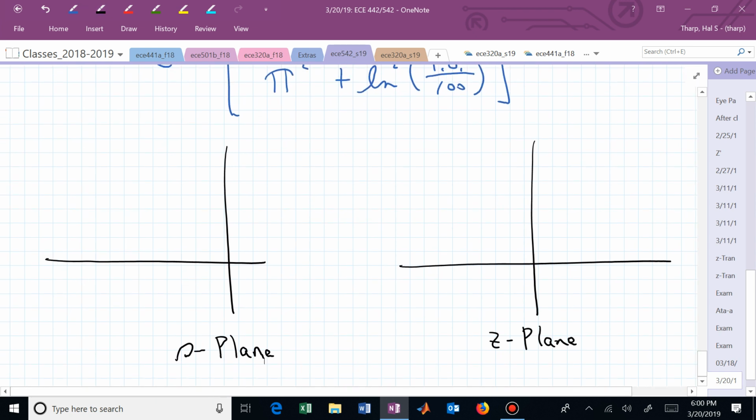Suppose now, this is the S-plane, now I have let's say that's a quarter of a circle. If I'm living on that quarter of a circle, what parameter does that correspond to?